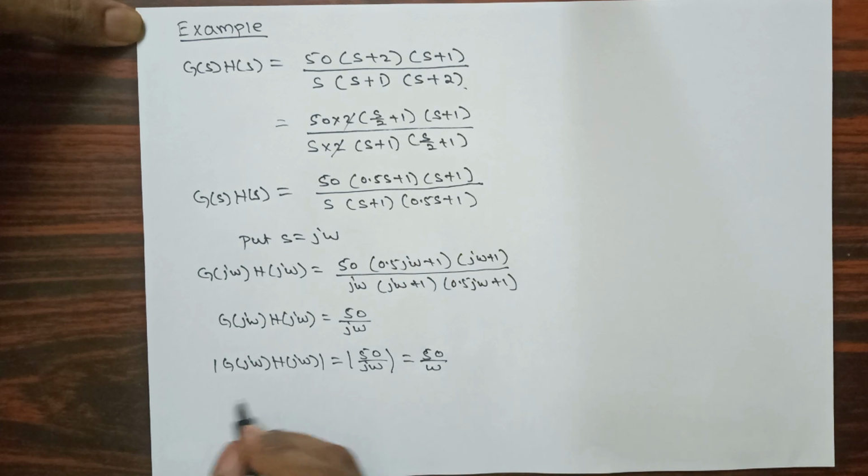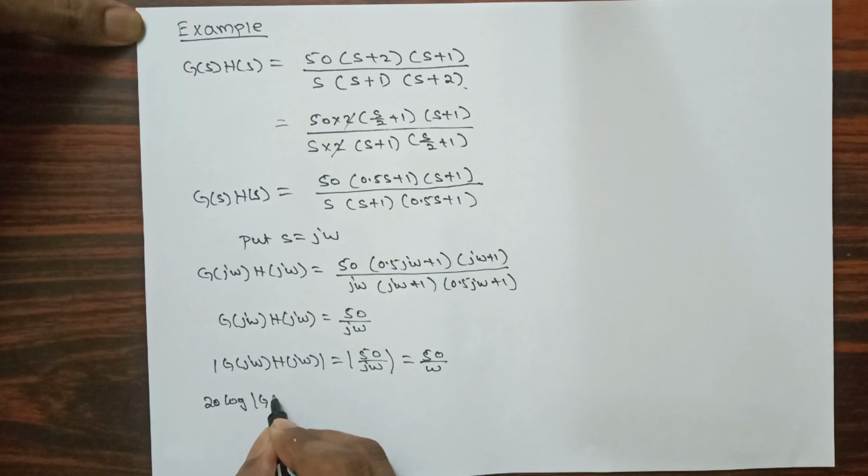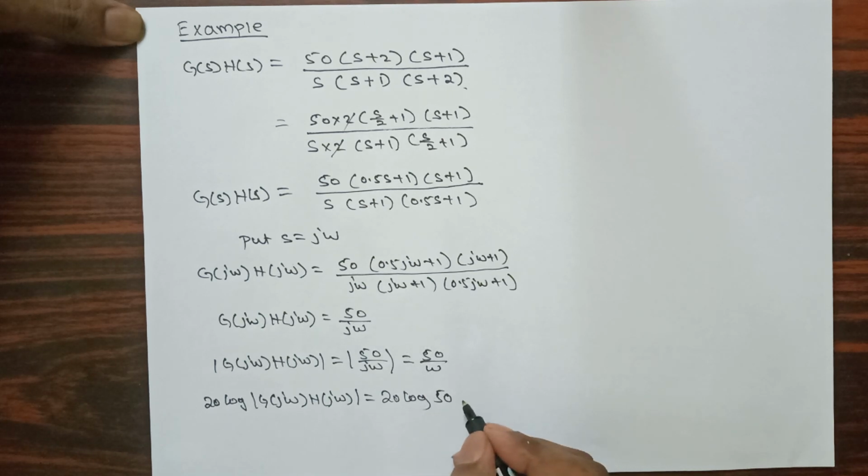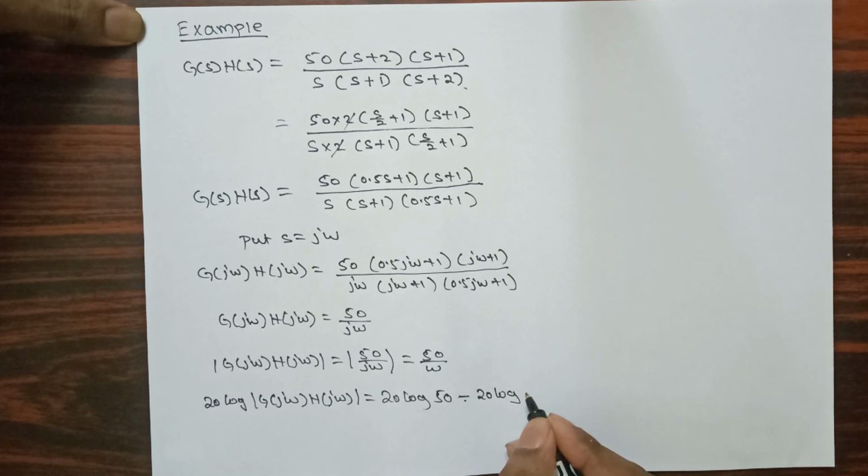By applying 20 log on both sides to get the value in decibels, I am going to get 20 log of magnitude of G(j omega) H(j omega) is equivalent to 20 log K, this time I am having 50 in place of K, minus, since omega is in the denominator, minus 20 log omega.